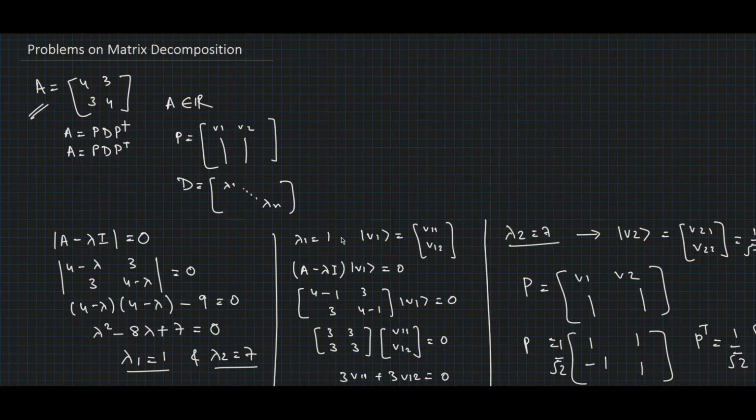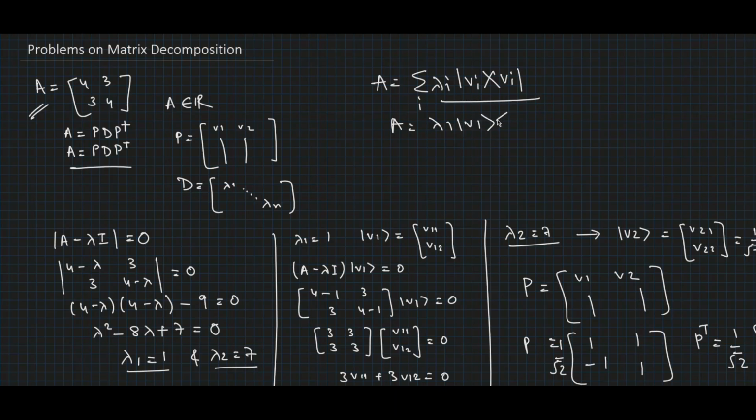We could also write A in the outer product representation as A equal to summation over i of lambda i times ket vi bra vi, which would give us for this case A equal to lambda 1 ket v1 bra v1 plus lambda 2 ket v2 bra v2.